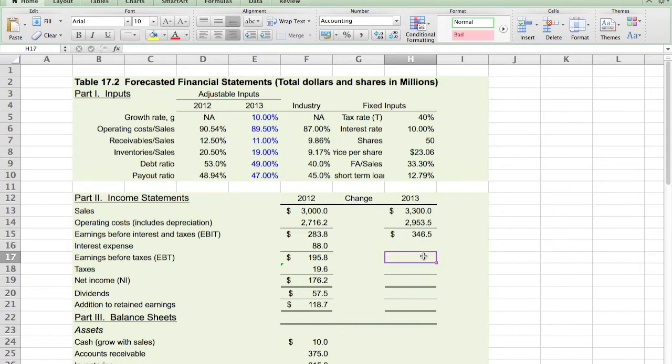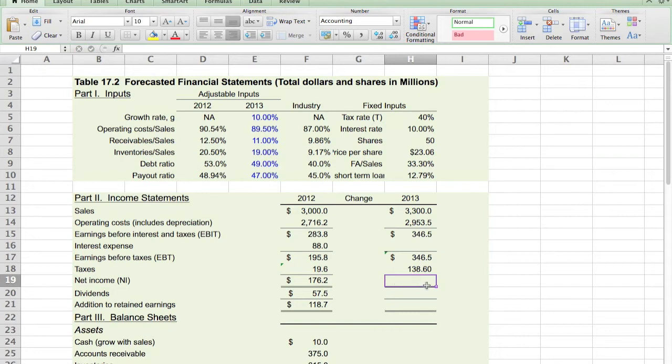Moving on, earning before taxes is earning before interest and taxes minus interest expense, even if it's empty. Then taxes is earning before tax multiplied by the tax rate from the table above.